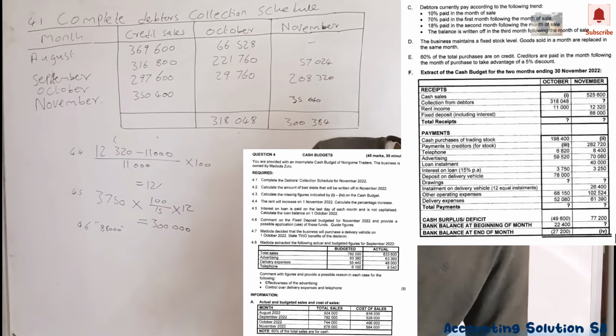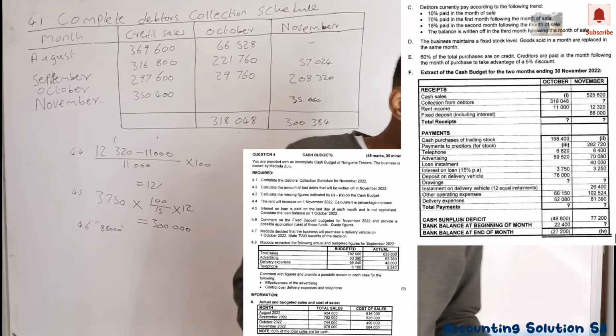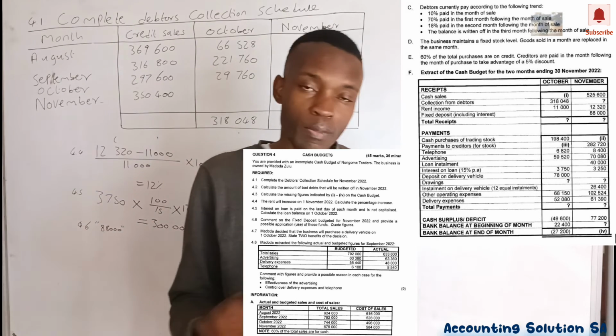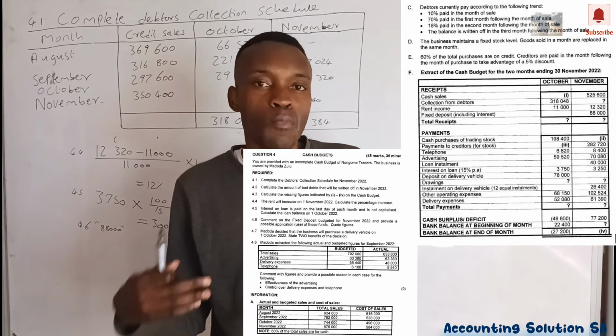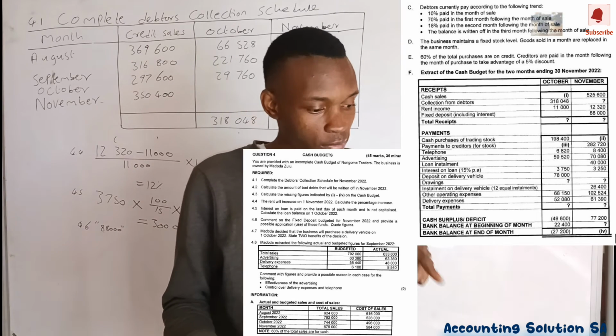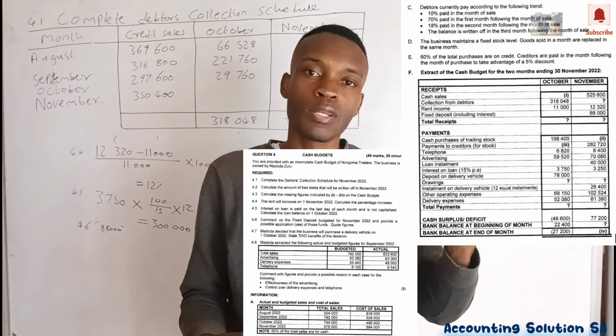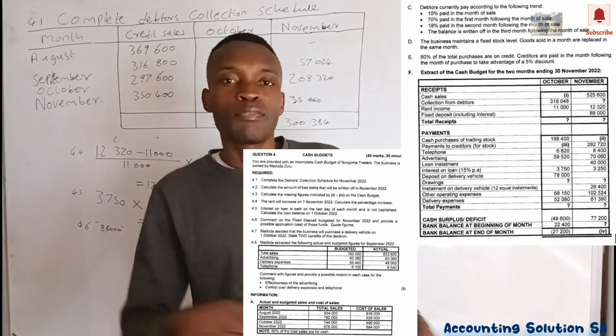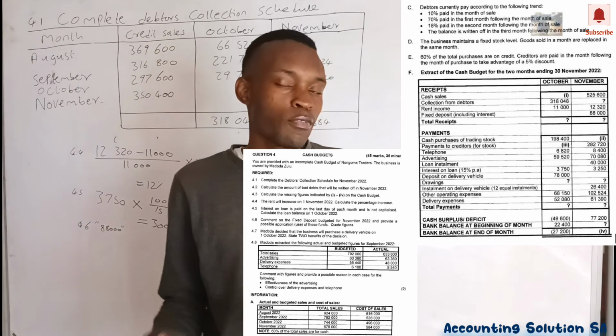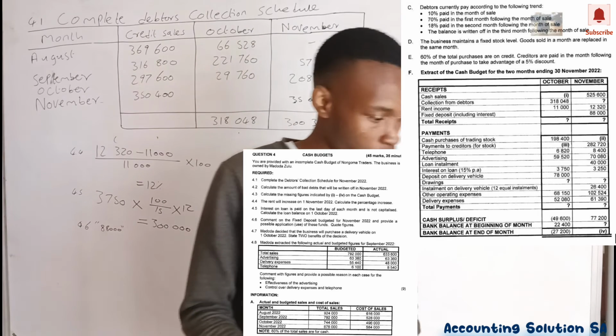Because if they budgeted a delivery expense of 55,000, it was supposed to be 55,000 or more, and in that case even the sales were supposed to be higher, to show that we are delivering to customers. If we deliver to customers, our sales go up.